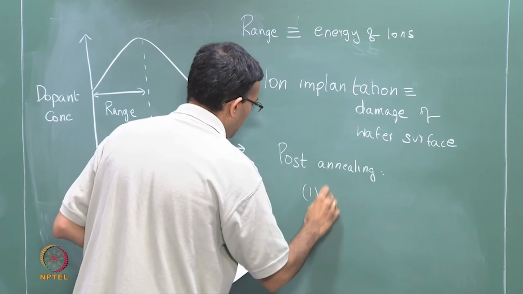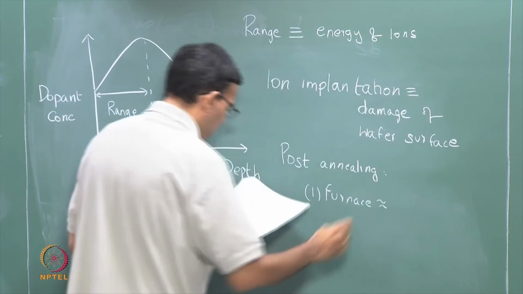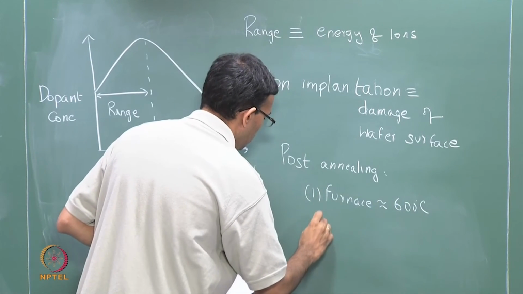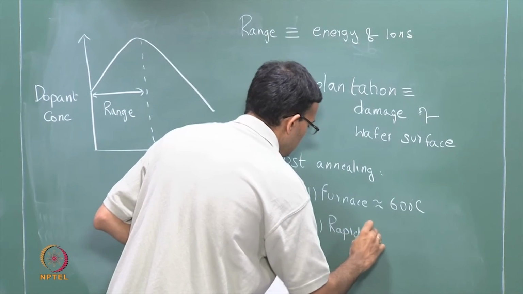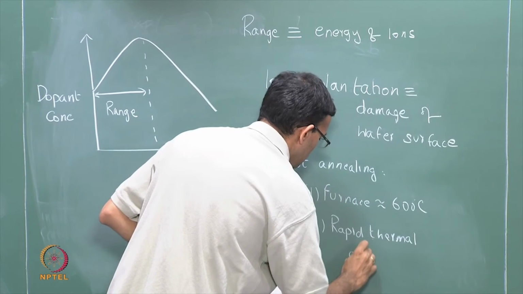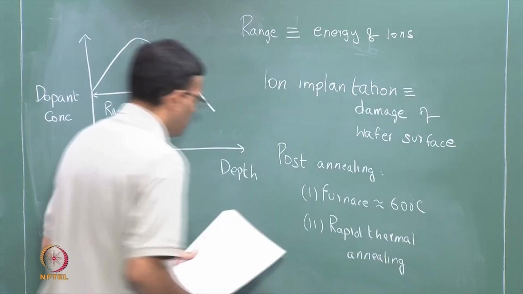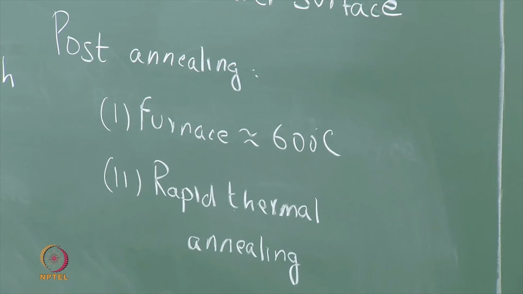This can again be done in a furnace, at a typical temperature of around 600 degrees, or you could do some sort of rapid thermal annealing, where you can go to a higher temperature, but the annealing time is very short.